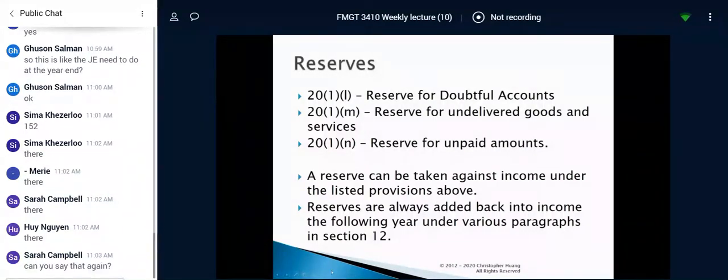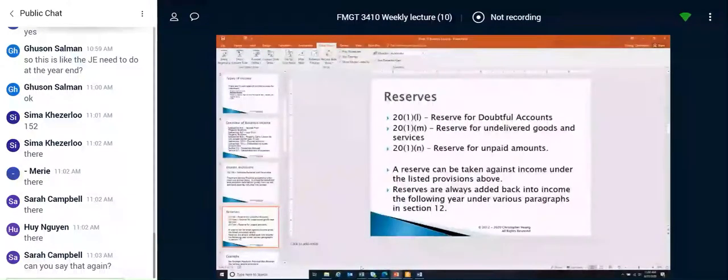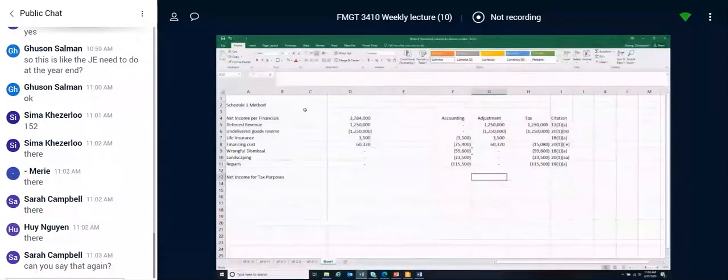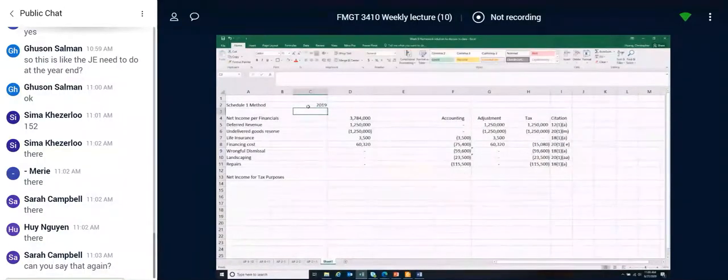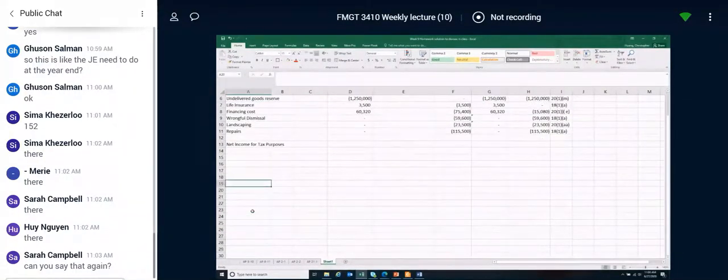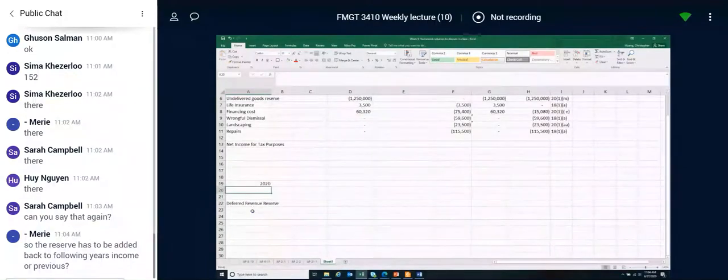So again, if we were to look at the situation, this is in 2019. In 2020, you say there's my net income for financials.